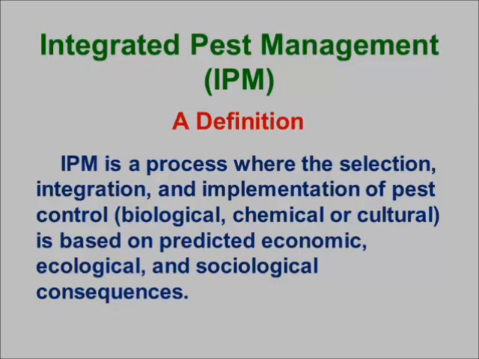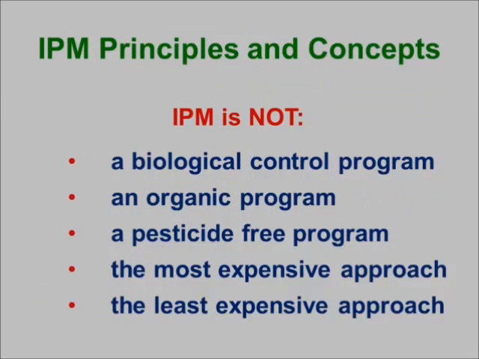What are some long-term things that I can do? Sometimes it's easier maybe to say what something isn't as opposed to what it is. In spite of my environmental friends that think biological control is the answer to everything, IPM is not a biological control program. Biological control is just one component. It's one of the tactics that we can sometimes use.